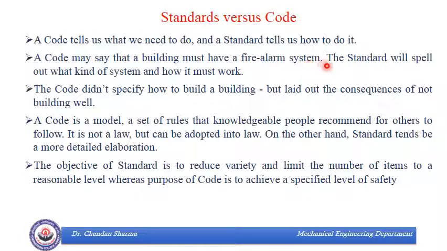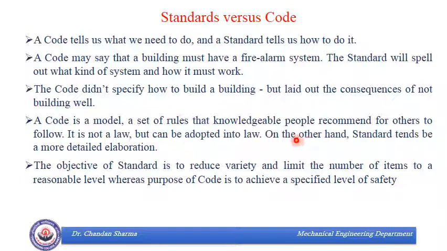The standard will spell out what kind of system and how it must work. The code didn't specify how to build a building, but laid out the consequence of not building well. In other words, a code is a model, a set of rules that knowledgeable persons have recommended for others to follow. It is not a law, but can be adopted into law.